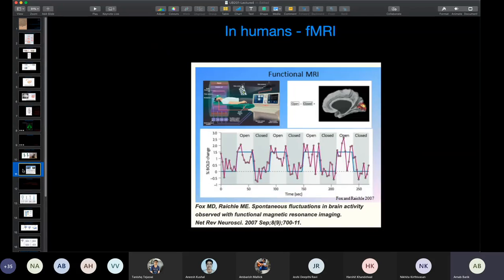And of course in humans, you can't do it at cellular resolution, you can't do such invasive experiments. What you end up doing is something called fMRI, which is basically an MRI scan, but you look at small changes in blood flow.